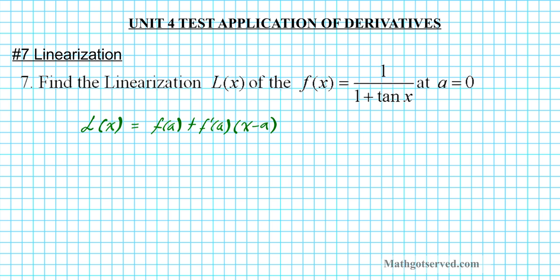This formula is the same formula as the point slope form of the equation of a line that you learned in Algebra 1 and 2. So we have y equals y1 plus m times x minus x1. It's the same thing.